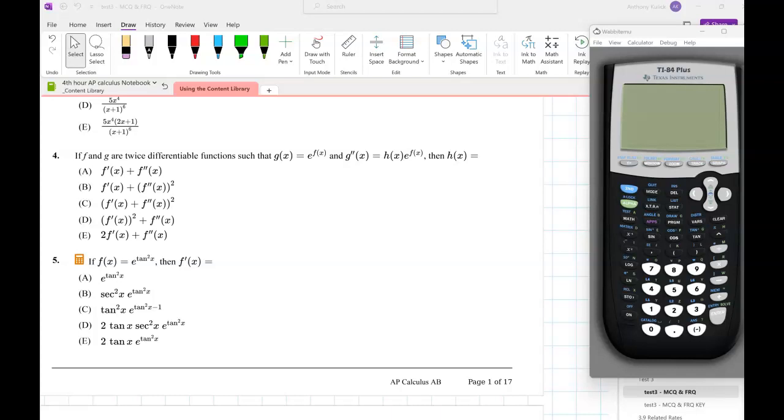The e to the f of x is a chain, where the outer function is e to the x and the inner function is f of x. So the derivative of the outside is just going to be e to the inside. What was the inside? f of x. It's going to be abstract. And what's the derivative of f of x? f prime of x. Yep. So just times f prime of x.